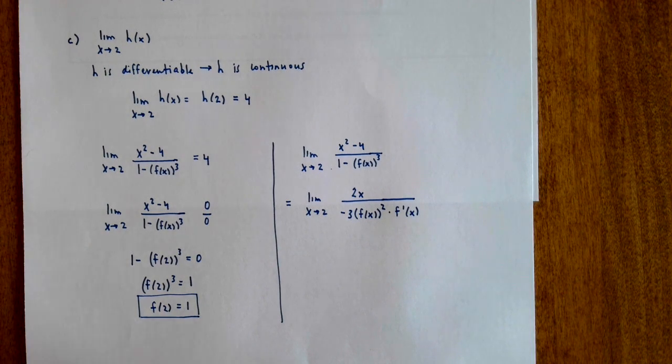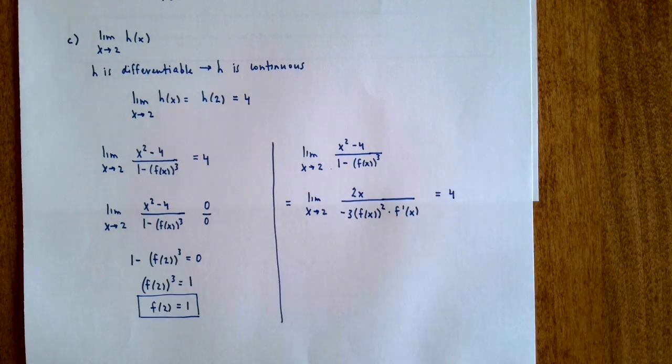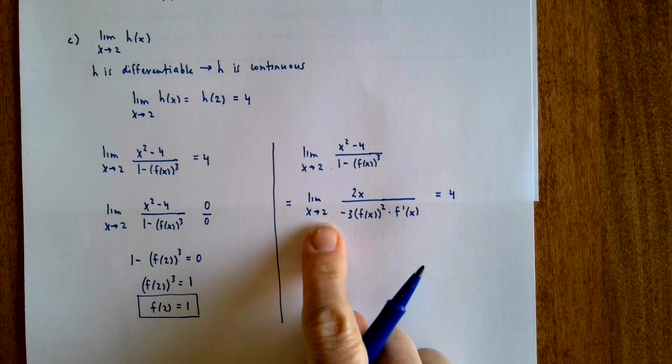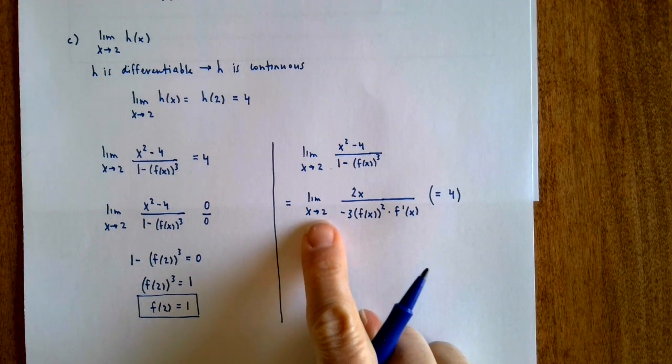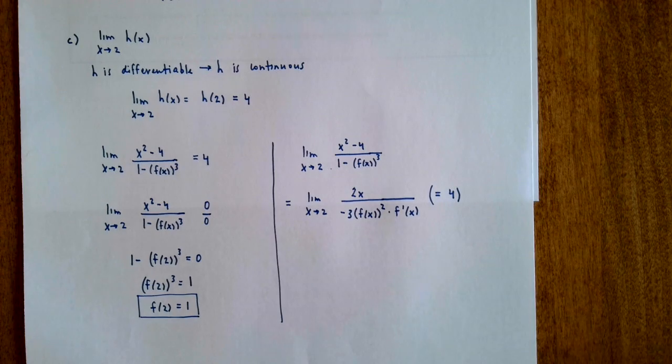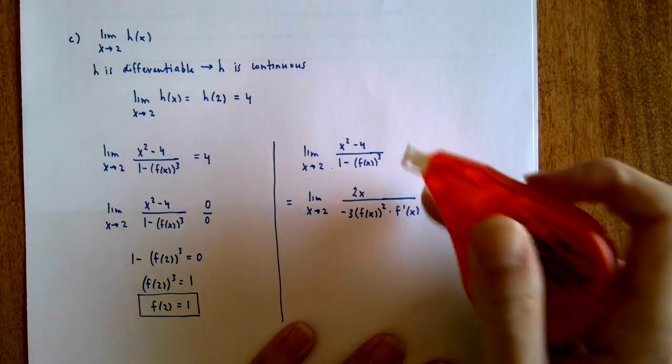All right, so now, again, we know that limit value is equal to 4. So I'm just going to put that in parentheses. Let's go ahead and substitute in now.